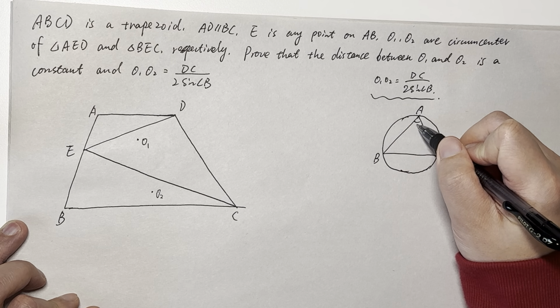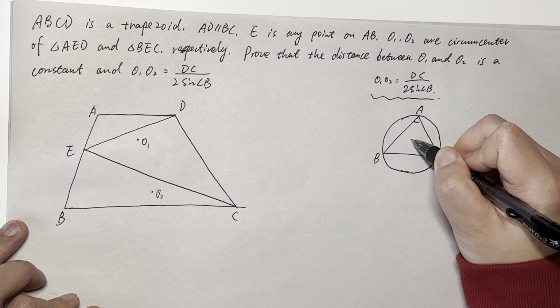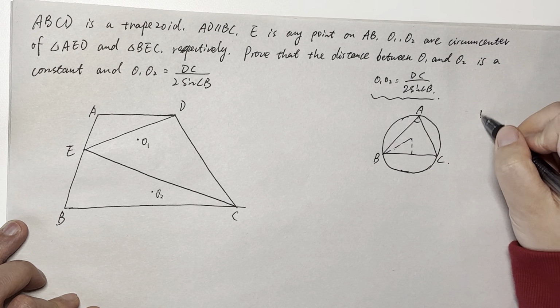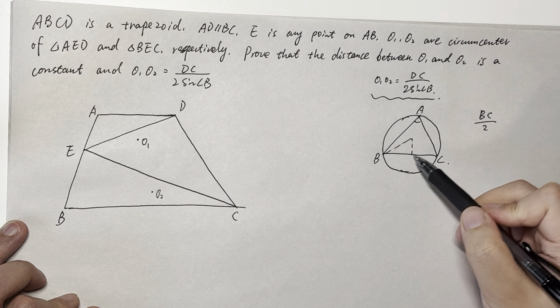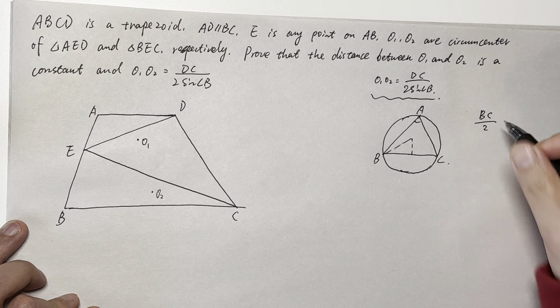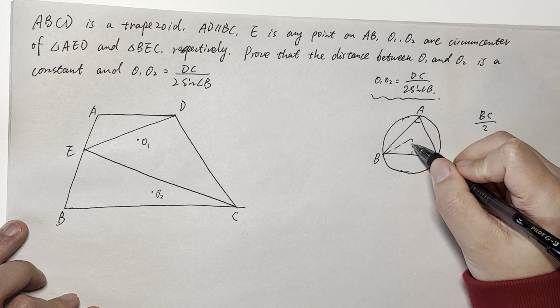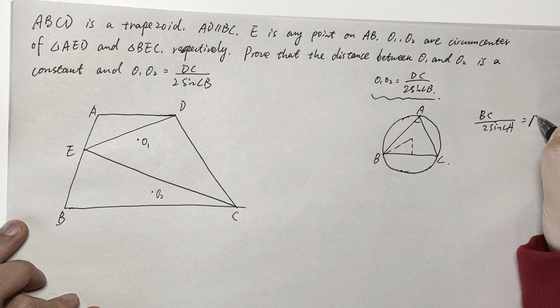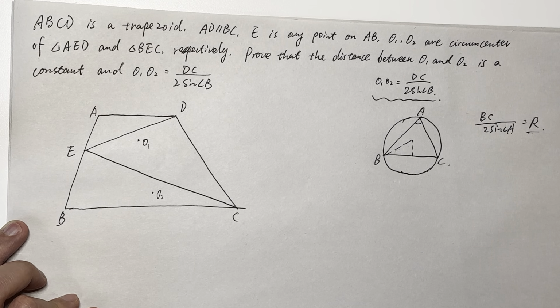So we already know angle A, we know the length of BC. What's the radius of this circle? We can calculate it by BC divided by 2, that's half of it, and divided by sine angle A, which equals the radius of this circle.